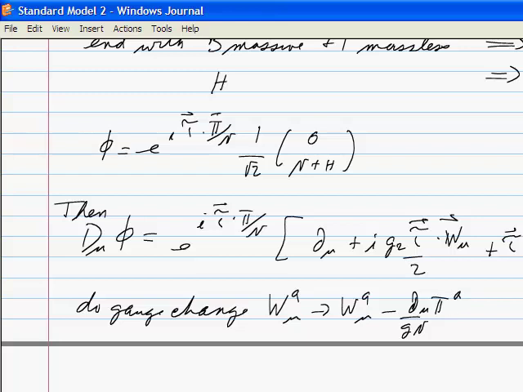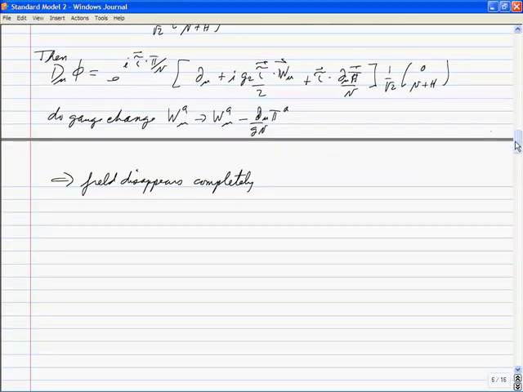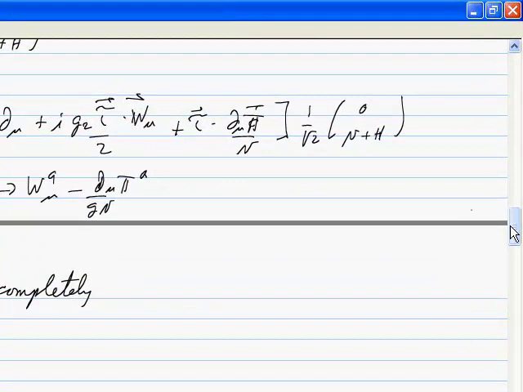And the field disappears completely. Okay, so we did this earlier in a different context, but it works here too in the SU(2) context.